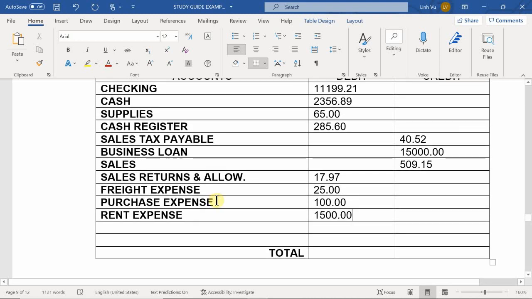Okay. Let's calculate our totals here. Let's go with the credit first.